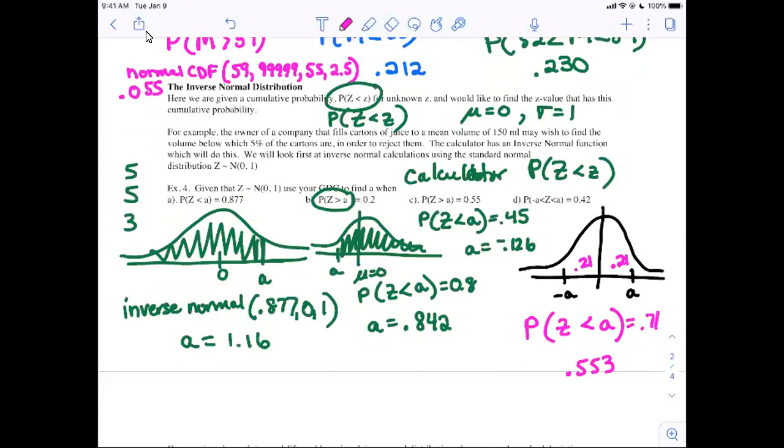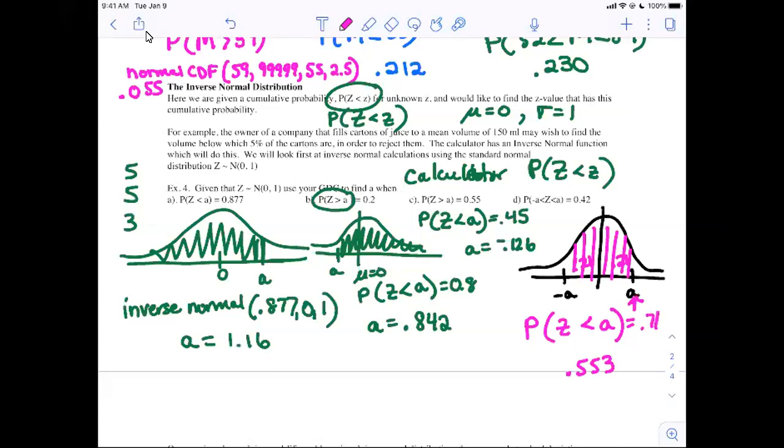Yes, so what I know is that the probability of Z between negative A and A is 0.42, okay? But my calculator will only do probability of Z less than A. So what I want to know is where this A value is.